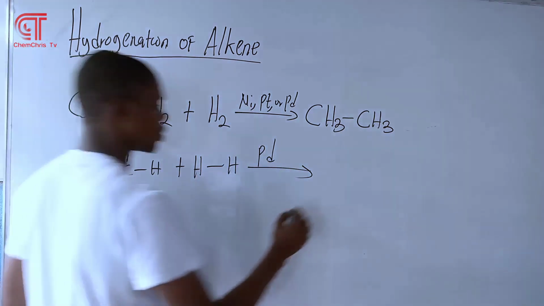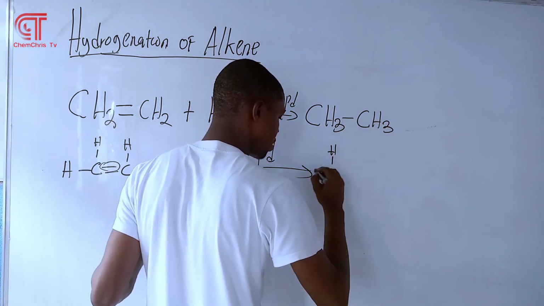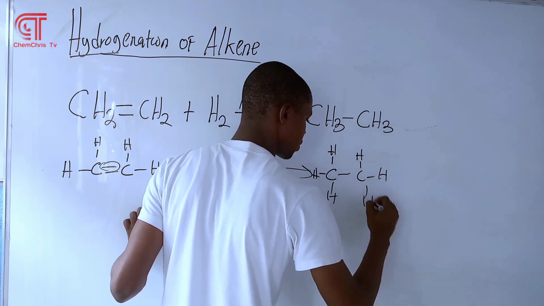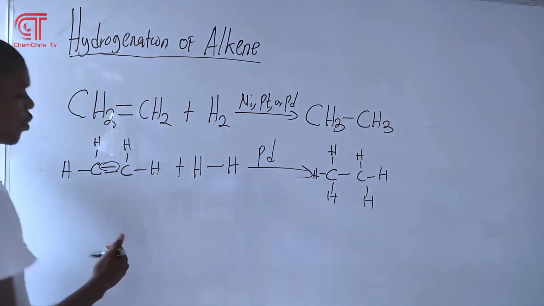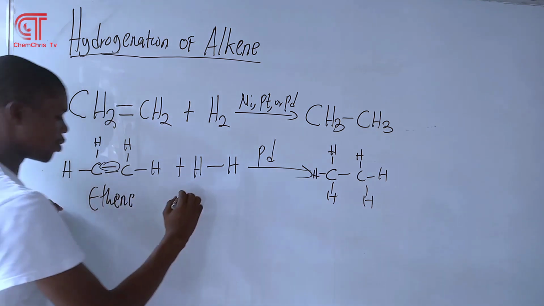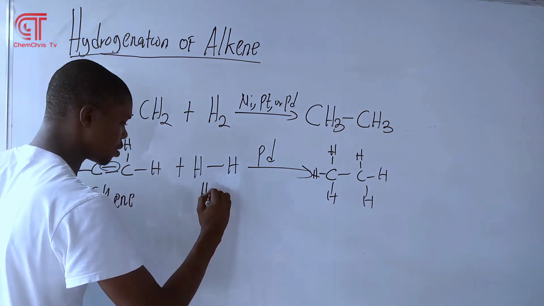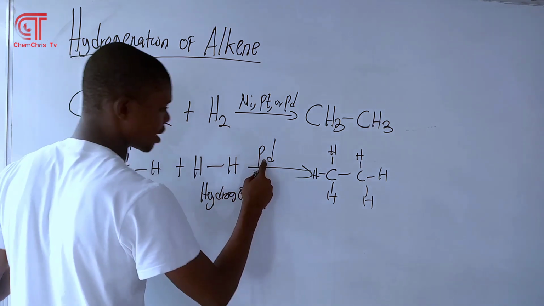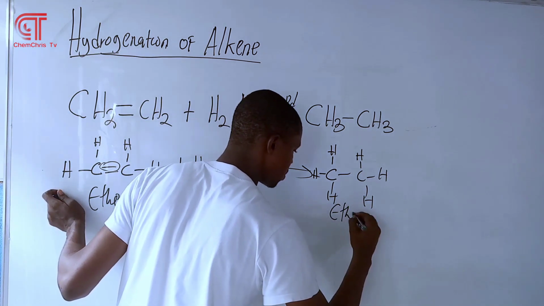So what we are going to get is this one here, H. You get, so now here we have the ethene, here we have the hydrogen, here we have the palladium catalyst, here we have ethane.